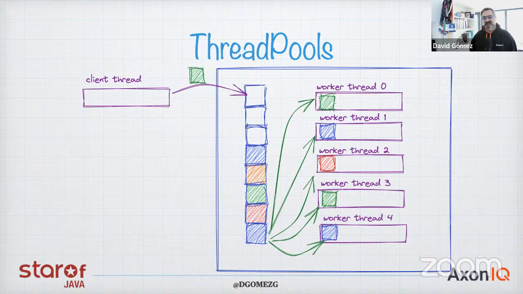The benefit of these thread pools is that the worker threads are not created on demand, they are created at the startup of the thread pool, and they are kept working and checking on this queue of tasks until someone puts in a new task. So the main benefit is that we are reusing the same threads, and we are not creating threads, which we saw is one of the most expensive tasks that we could perform.